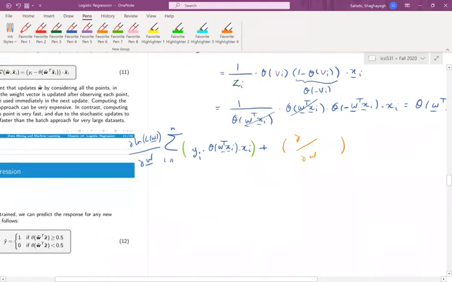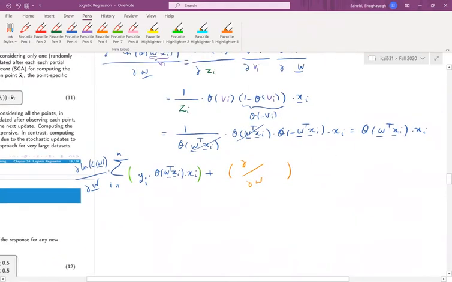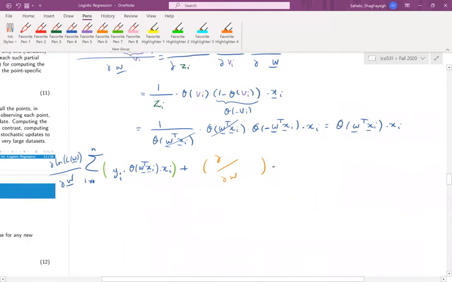Now, if you do calculate the orange part and you actually put everything together, you will see that this is equivalent to the sum from i equals 1 to n of yi minus theta, or sigmoid, of W transpose Xi, multiplied by Xi.